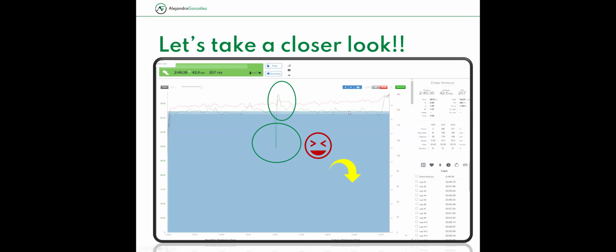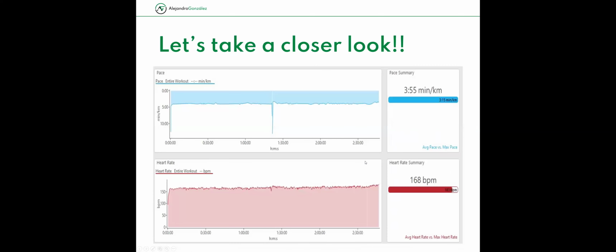And at the end, the gradient of the race was in this direction, it was negative. This is why he couldn't accelerate the pace in this part of the race. Here you have the pace and the heart rate separated, and the average heart rate here.